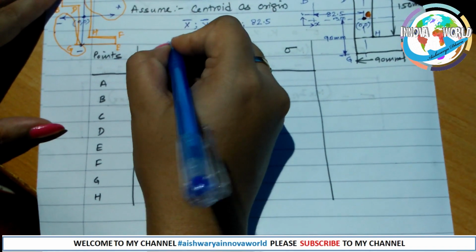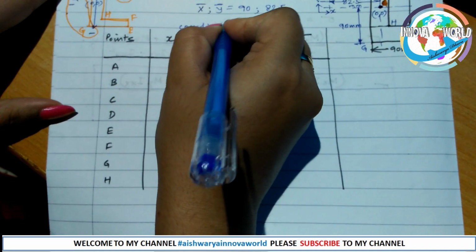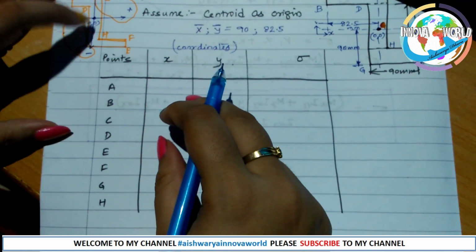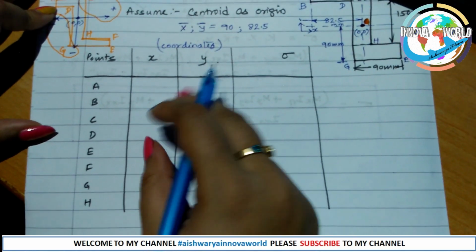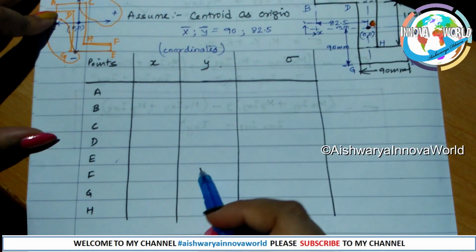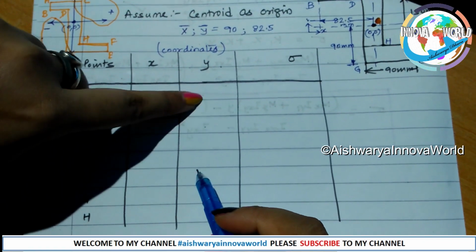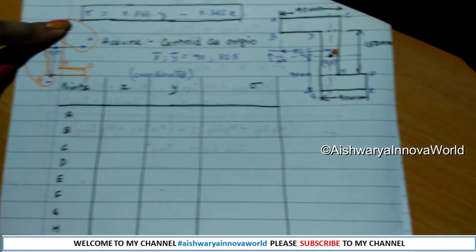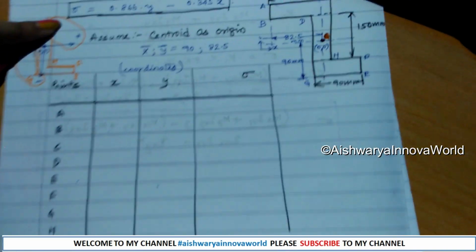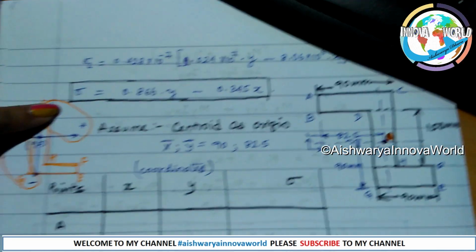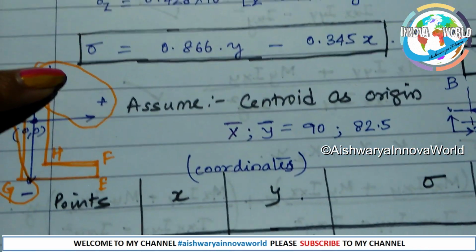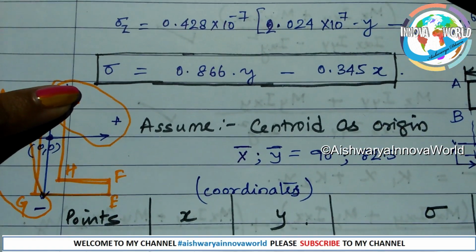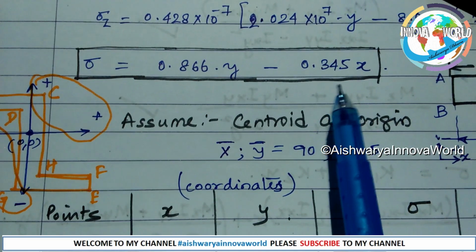These are the coordinates, the coordinate points from this graph. After finding these coordinates, we are going to substitute the individual X and Y values in the above equation.